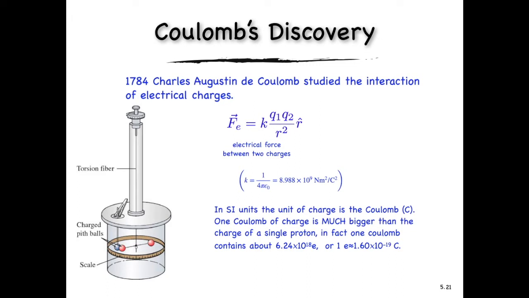Now, it points outwards if Q1 and Q2 have the same sign, because then this becomes positive. But what if they're opposite sign? What does this equation tell us? Would this be a positive or a negative quantity if Q1 and Q2 are opposite in sign?